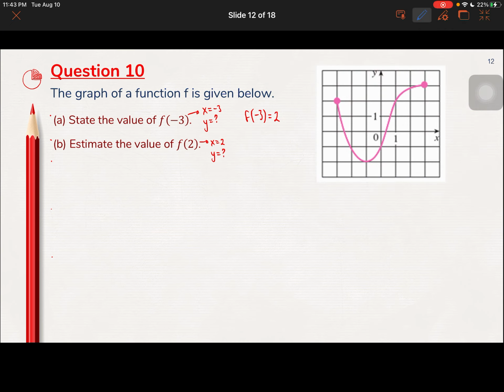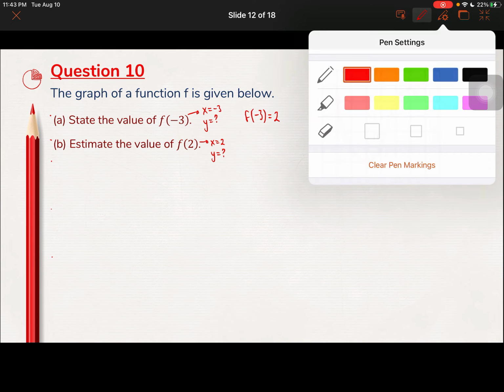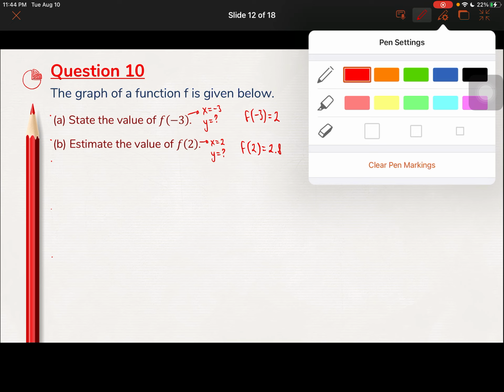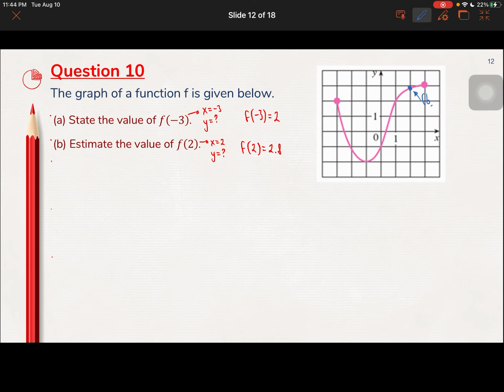So I'm going to put a point here, and I'm going to estimate the value for y, and it seems that a possible value is 2.8. Okay, this is for letter B.